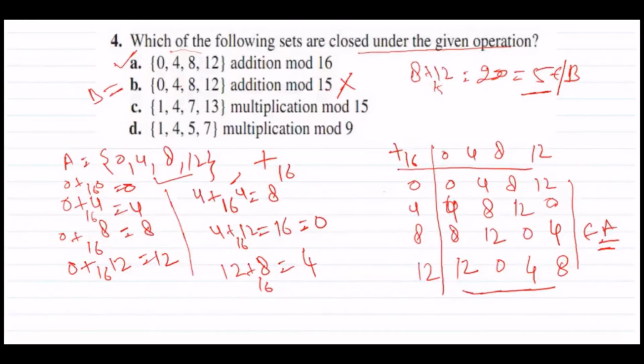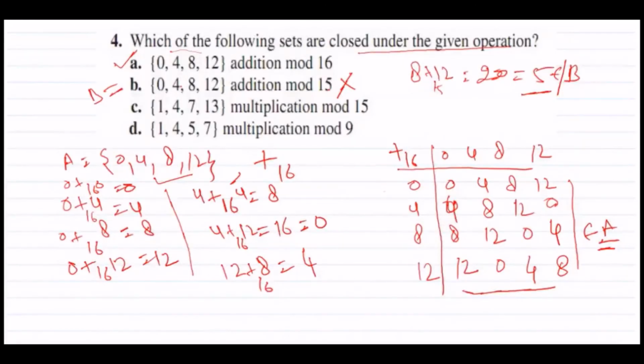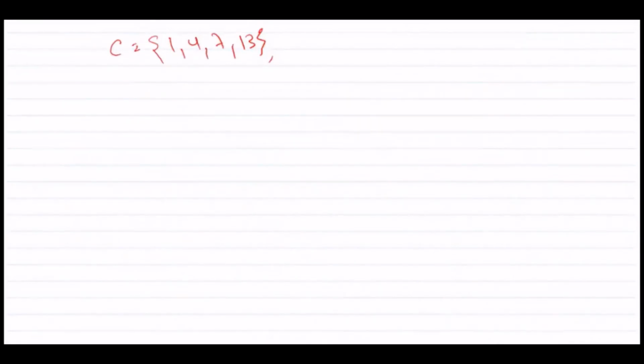So let us see the C part 1: the set {1, 4, 7, 13}, and the operation is multiplication modulo 15.